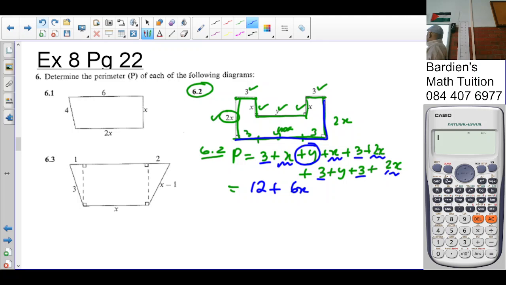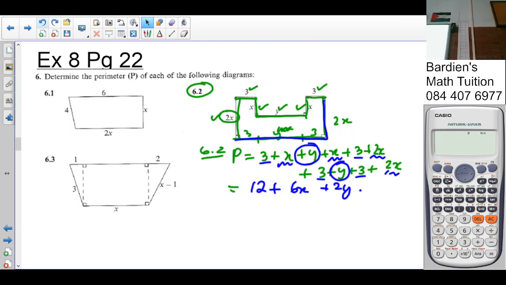Y plus y. So the answer is 12 plus 6x plus 4y. Right, who got that right? For those of you who got it wrong, please redo the sum. Make sure you understand it all.